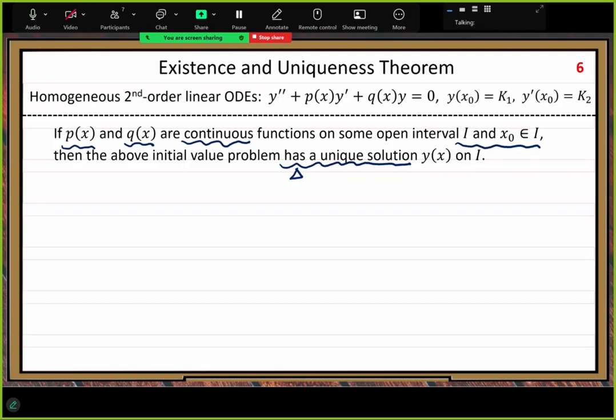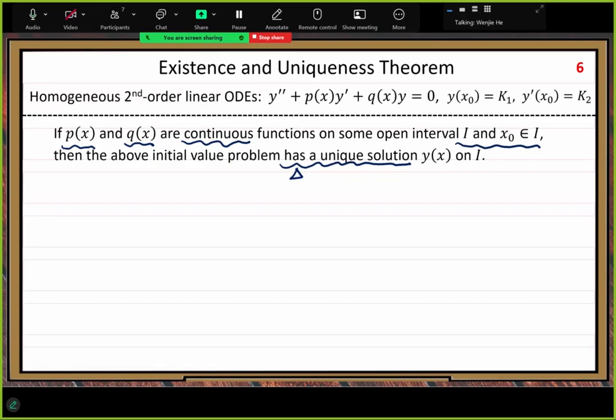We only require these two functions continuous. But if you look at the first order, the f function, we also require that continuous, but there is a bounded condition. But here we only have that continuous condition.